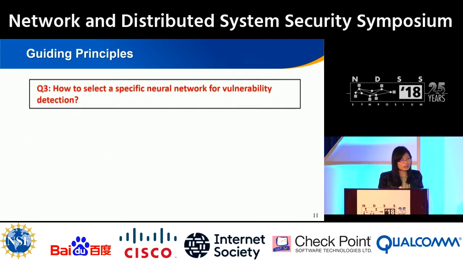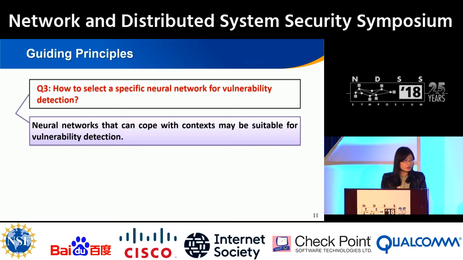The third question is how to select a specific neural network for vulnerability detection. Whether a statement is vulnerable or not may depend on context. Neural networks that can cope with context may be suitable for vulnerability detection.